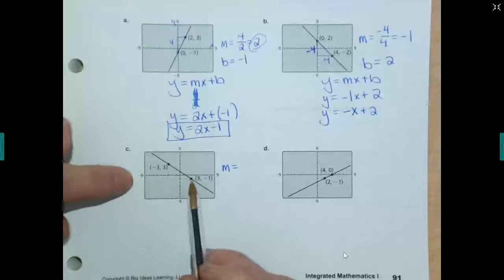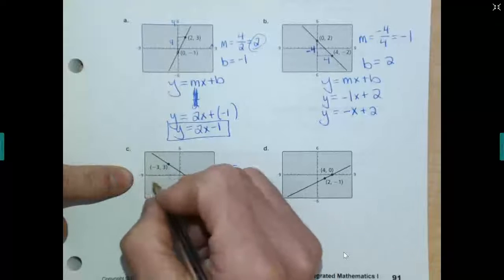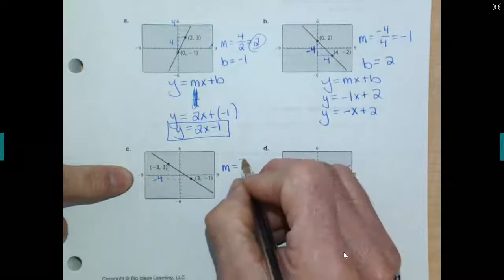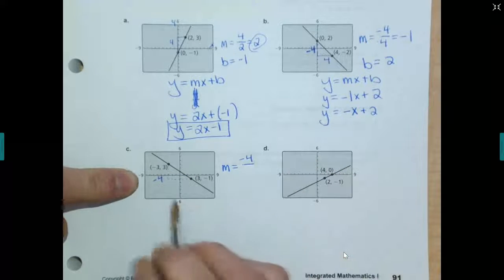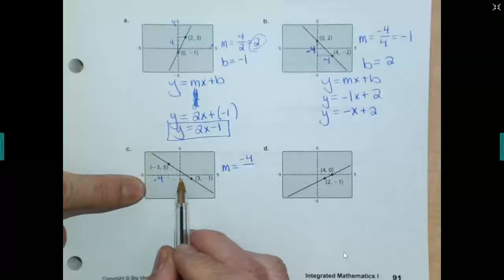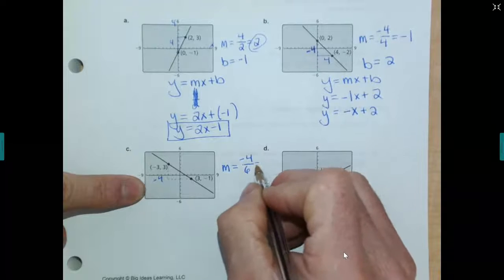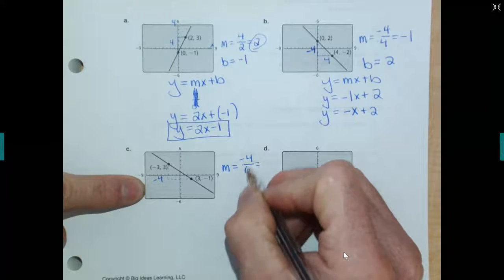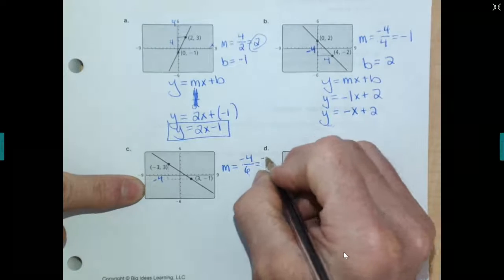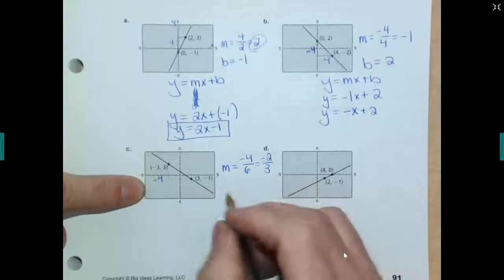So I go down 1, 2, 3, 4. So it's negative 4. Then I go over 1, 2, 3, 4, 5, 6. Positive 6. So that can be simplified. Divide both by 2. Negative 2 over 3. So my slope is negative 2 over 3.